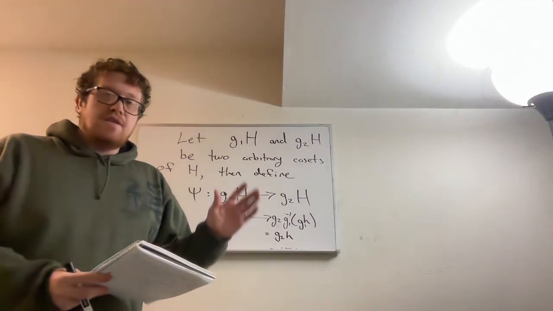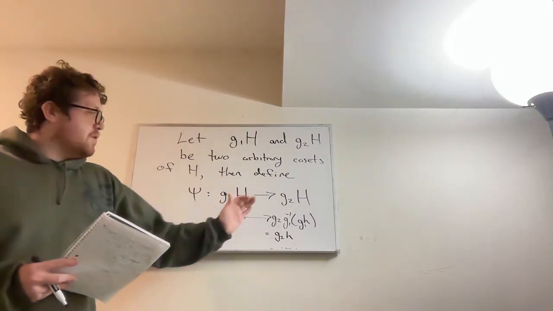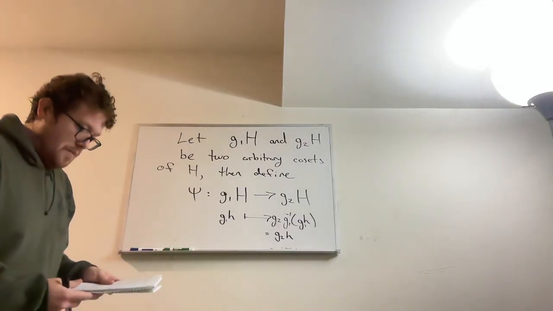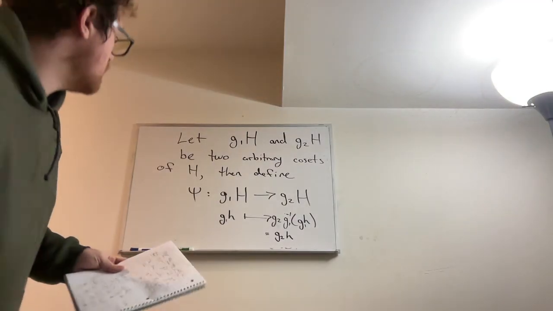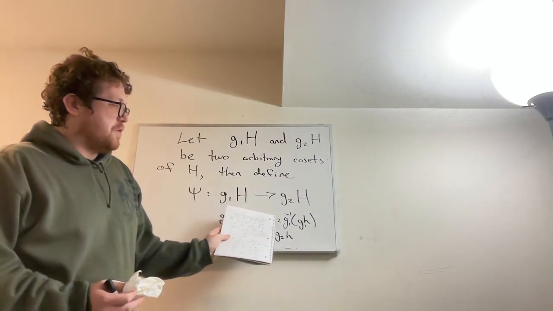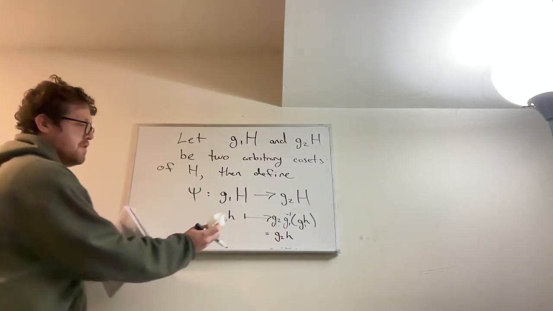So we want to show that this is a bijection, that it's one-to-one and onto. Basically the map is just left multiplication by G2 G1 inverse, and we just have to show that this is a bijection.